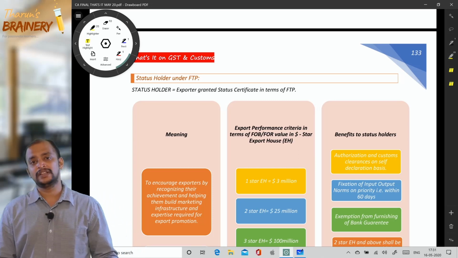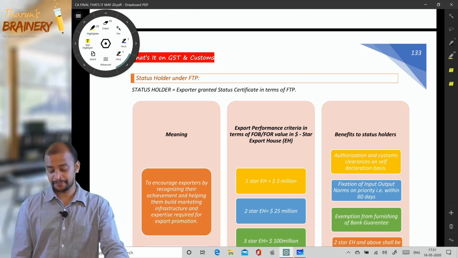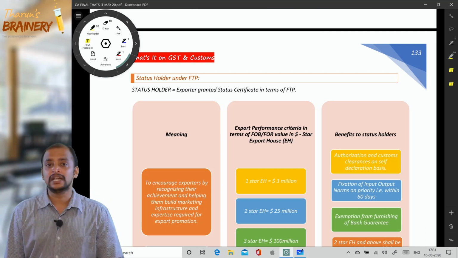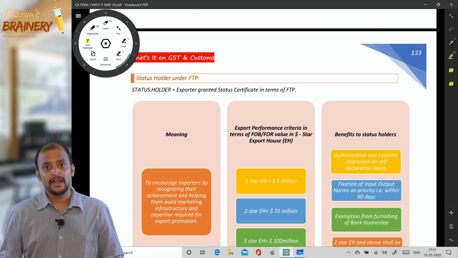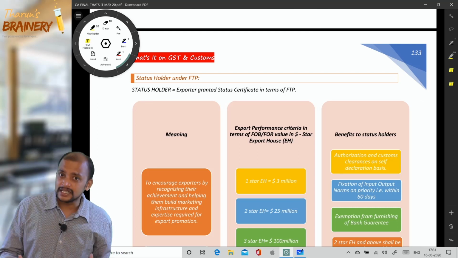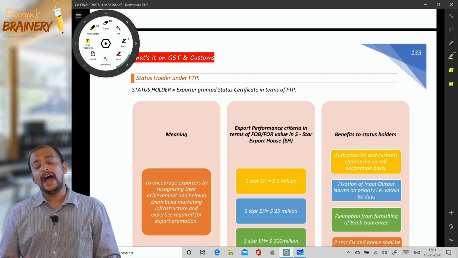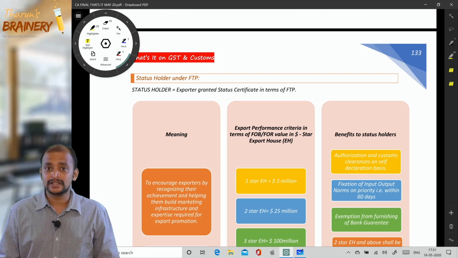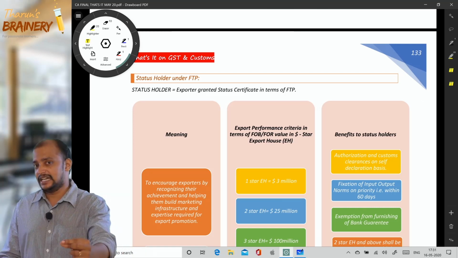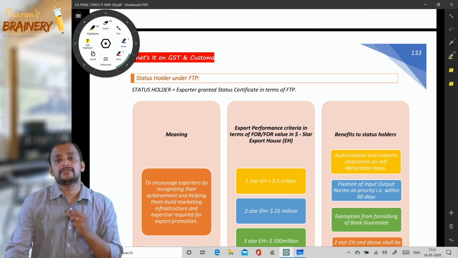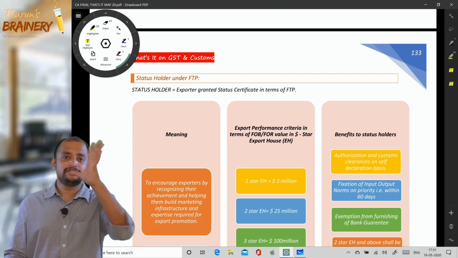It all depends upon their export performance. That export performance should be taken based on the current year and the preceding years. If they have achieved that limit, then they will be given a star status and they are eligible for certain benefits.